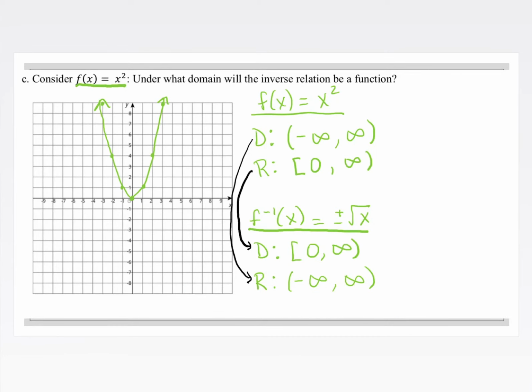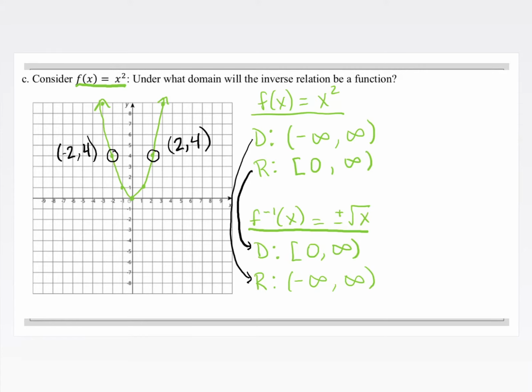Now, instead of taking the time to first graph our function and then identify what the inverse relation would be and then graph that inverse relation to see that, we have a trick that we can use here. Notice how in our original function we have f of x equals x squared. If we look at this graph, we notice that there are two different x values that have the same y value. We have (2, 4) and (negative 2, 4).